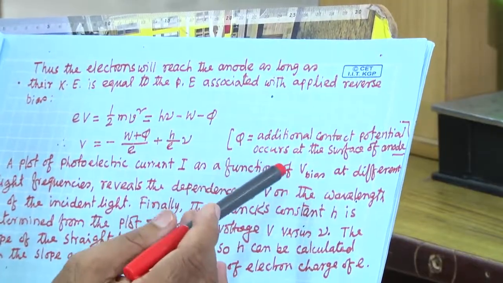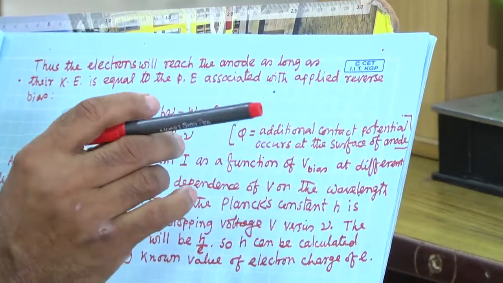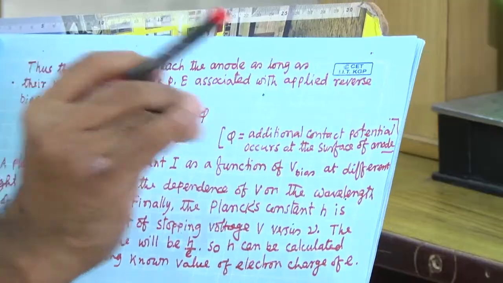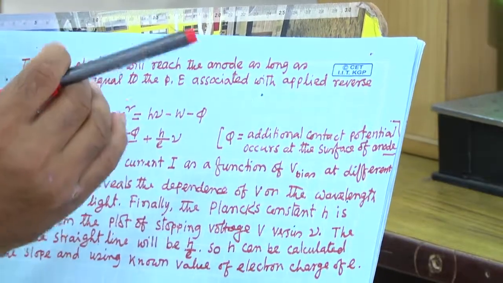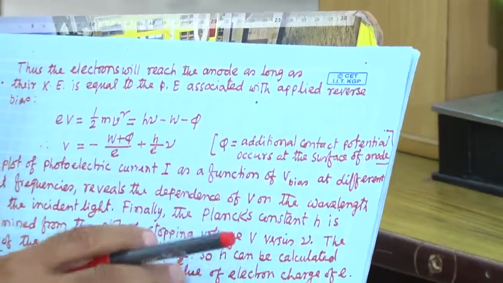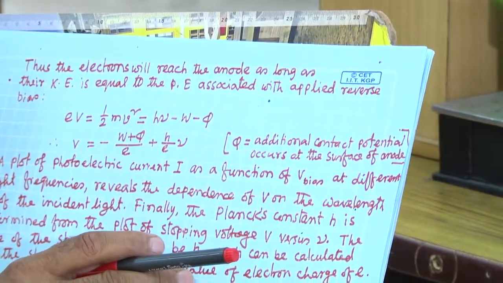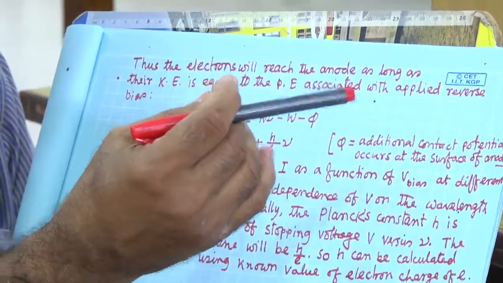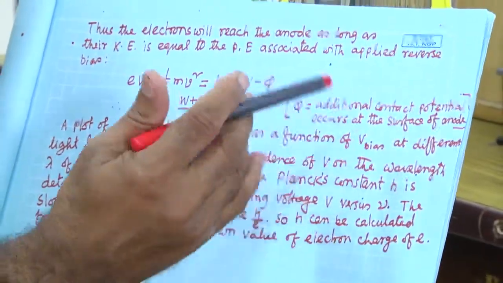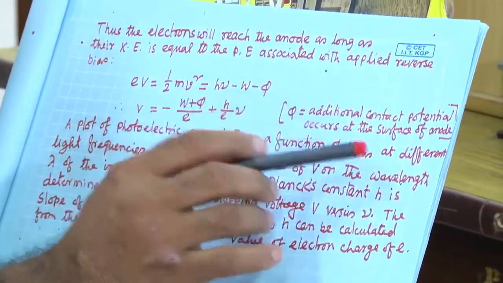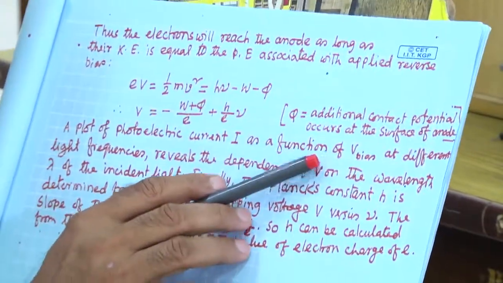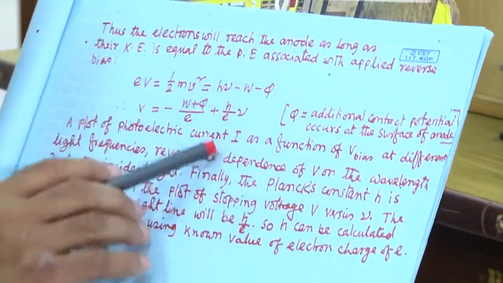Again that electron cannot penetrate the anode surface; it has to spend some energy. It will feel some barrier there also. That we call the contact potential, phi.